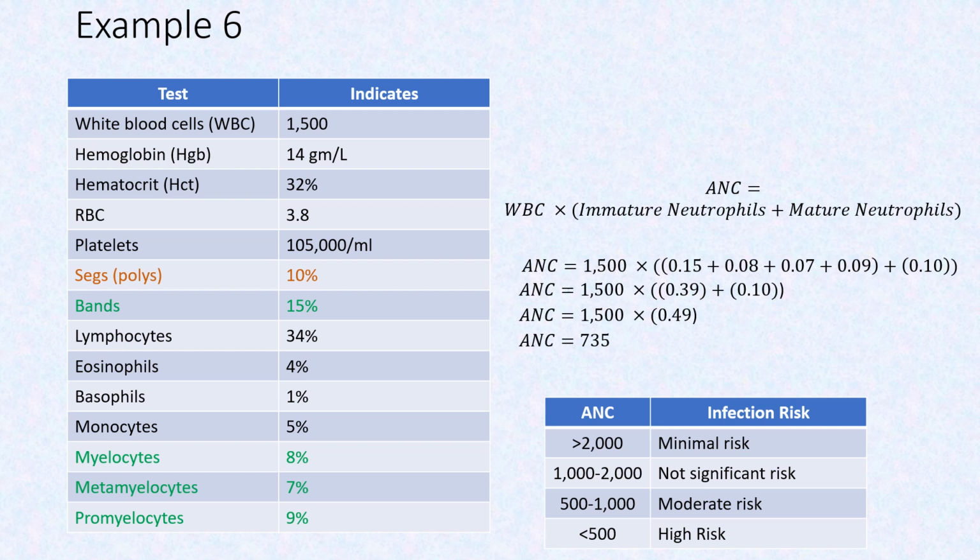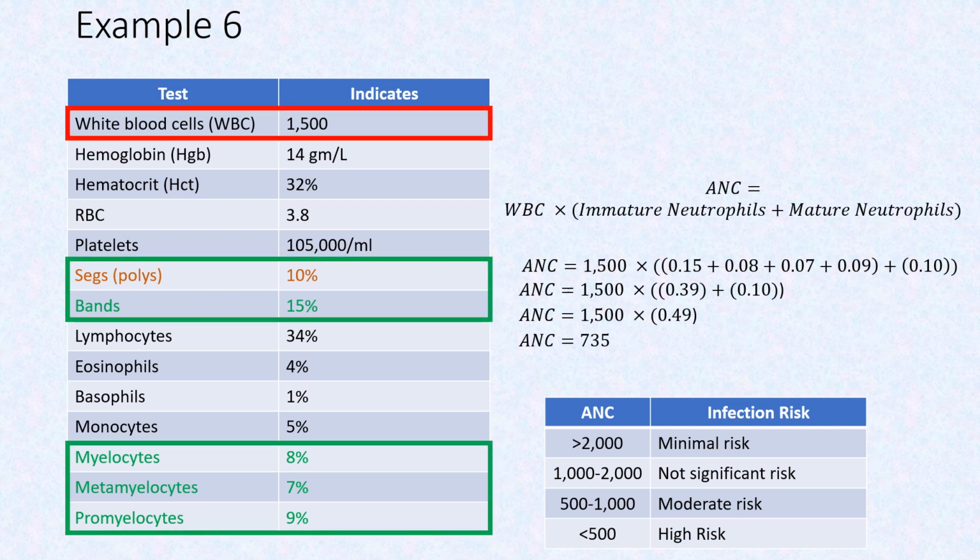In example 6, the white blood cells are 1,500. The mature neutrophils or segs are 10%. The immature neutrophils are the bands, myelocytes, metamyelocytes, and promyelocytes at values of 15, 8, 7, and 9% for a total of 39%.